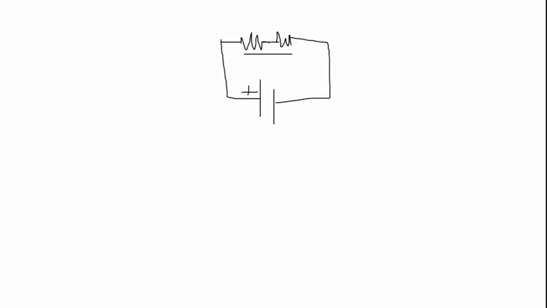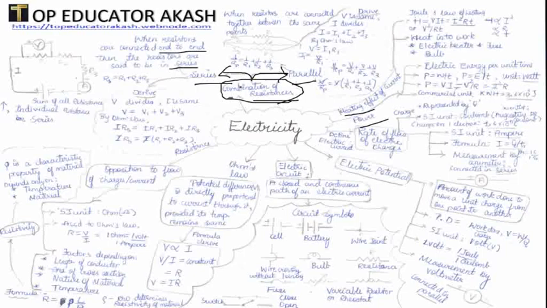This end is connected to another resistor's end, and this end is connected to, you can observe here, another end. That means this end is connected to another end of a resistor, and this end is connected to another end of another same resistor. So this is nothing but an end-to-end connection. The resistors which are connected end to end are nothing but a series combination.